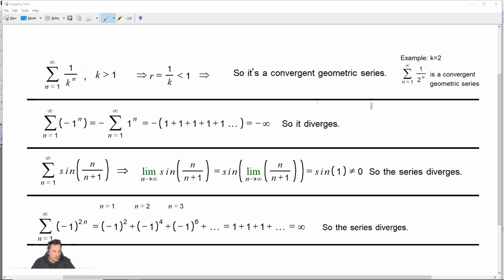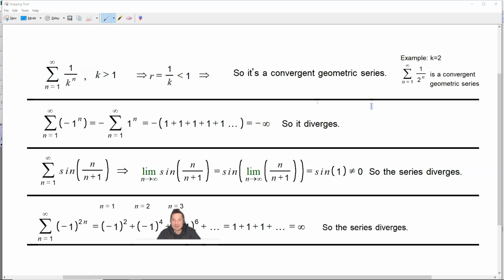Let's look at this last one here. We have the summation from 1 to positive infinity of negative 1 raised to the 2n. Be careful because now the negative 1 is inside of parentheses. But look at some values here. When n has the value 1, this is negative 1 to the second, because 2 times 1 is 2. Next one, when n has the value 2, you have 2 times 2, which is 4. So it becomes negative 1 to the 4th.